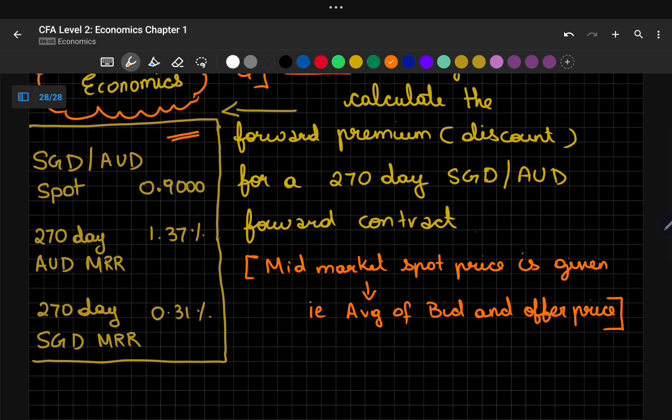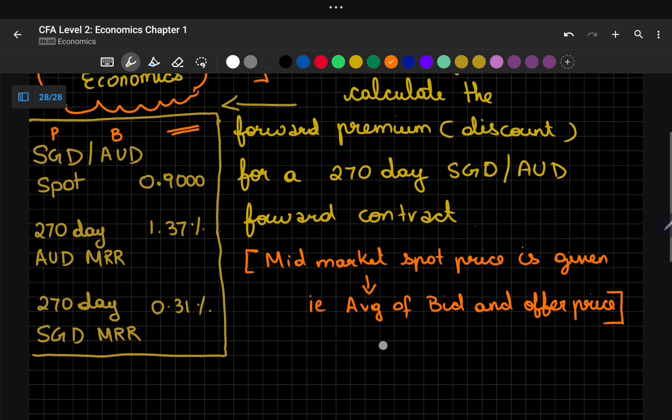So if you look at the table, SGD to AUD, the spot price is given as 0.9000. So the base currency in this case is AUD, the price currency is SGD. So 1 AUD is equal to 0.9 SGD.